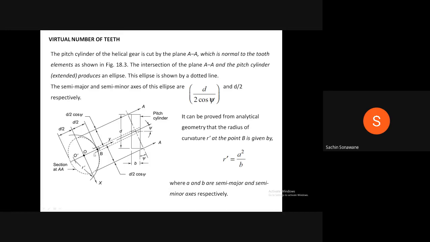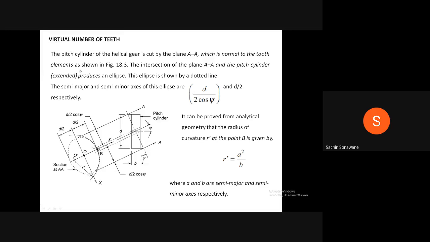This is the ellipse, and this semi-major axis value is d by 2 cos psi, and this is d by 2 cos psi, which is nothing but the semi-major axis of the ellipse.